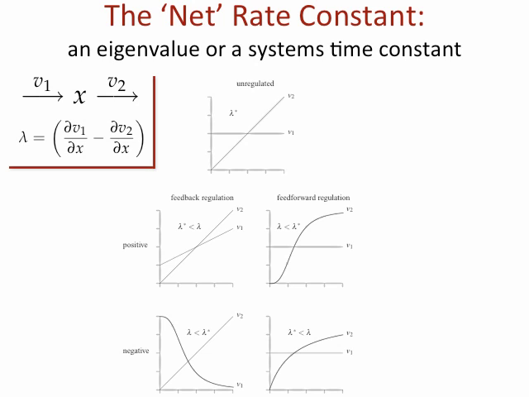So in the unregulated situation, we have the rate of formation, V1, being insensitive to the concentration of X that is represented here on the X-axis, and the rates clearly on the Y-axis.